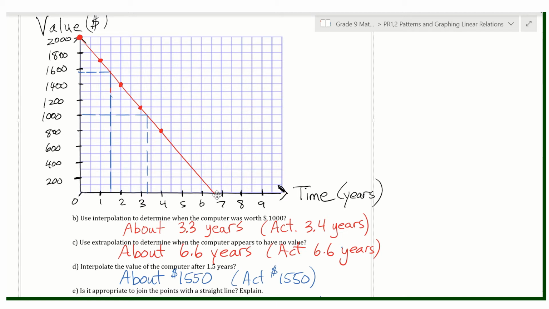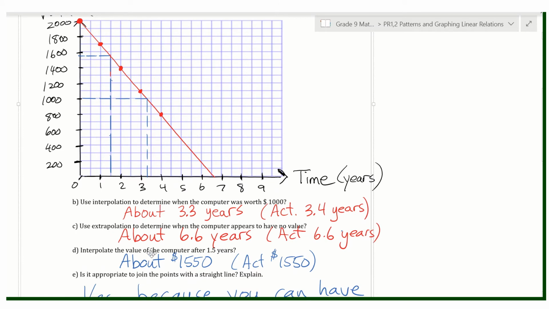So at what time is that? It looks like about 6.6, maybe 6.7 years, right? To figure out that it has no value at that point. You might as well just keep it or try to sell it on Kijiji or something.